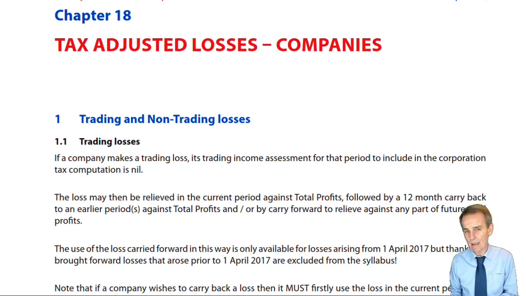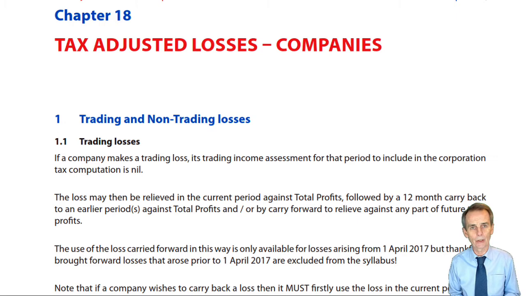Now, we've already been introduced in chapter 16, I think it was, to the content of the computation. And when looking at two of the items, property income and capital gains, we put forward the idea that we don't always have positives as those outcomes. On our property income, we may have more allowable expenses incurred than we have rental income accrued.